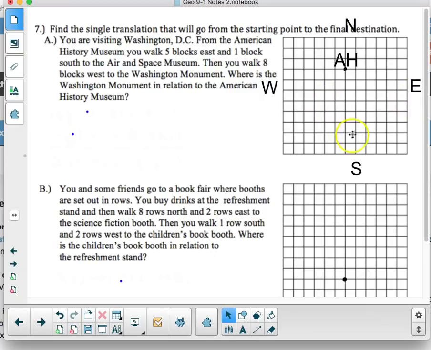Okay, news. Now, you walk 5 blocks east. Let's get my blue out here. You go 1, 2, 3, 4, 5 blocks east, and 1 block south. Okay, this is the Air and Space Museum, so that's AS.